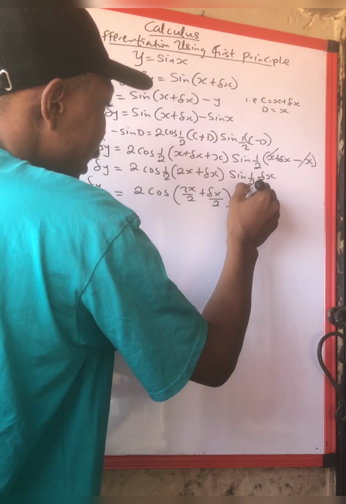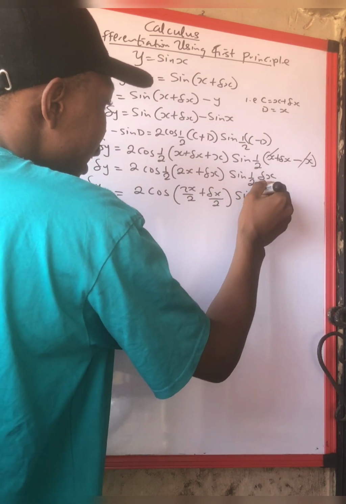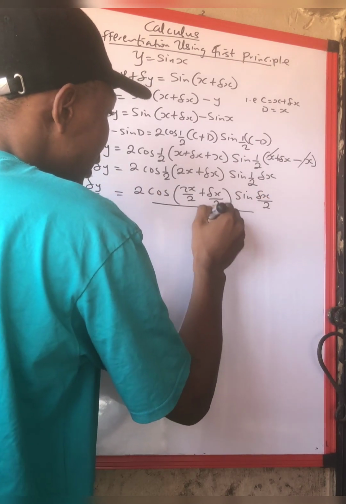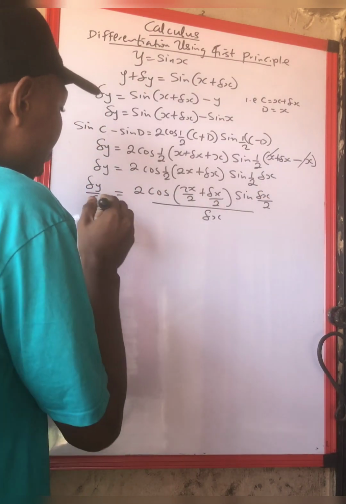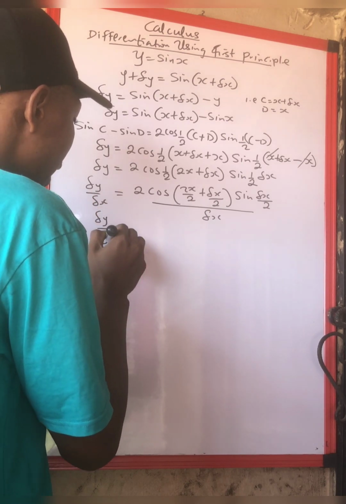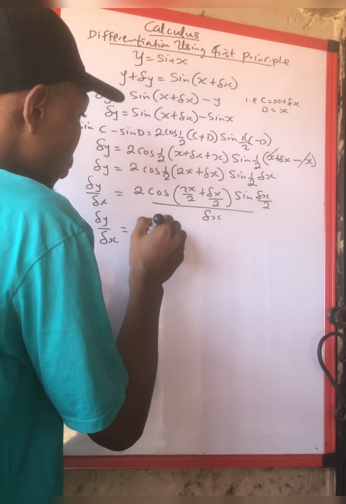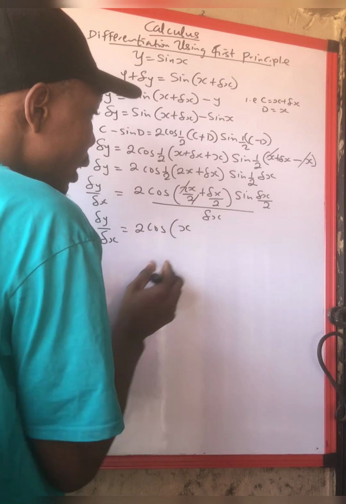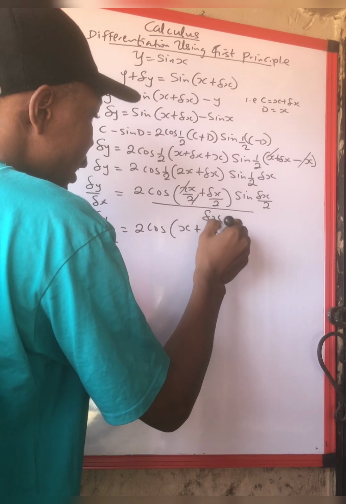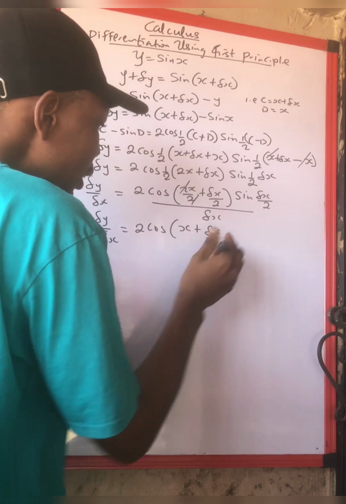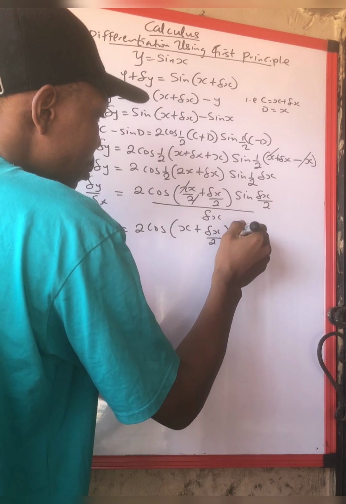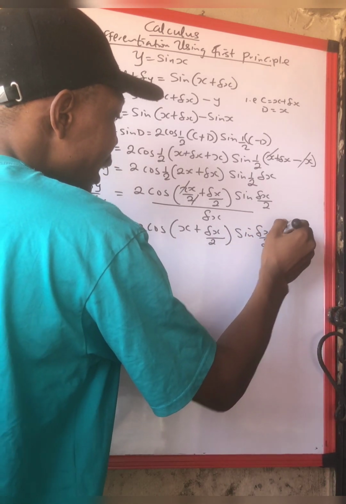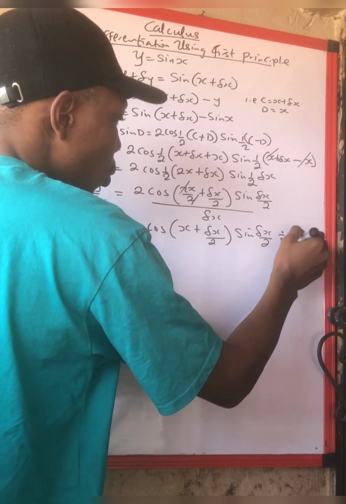Then it becomes sine of change in x over 2, all divided by change in x. So change in y over change in x equals 2 cos bracket. This can cancel out this, and we'll be left with x plus change in x over 2. Then bracket, here becomes sine change in x over 2 divided by change in x over 1.